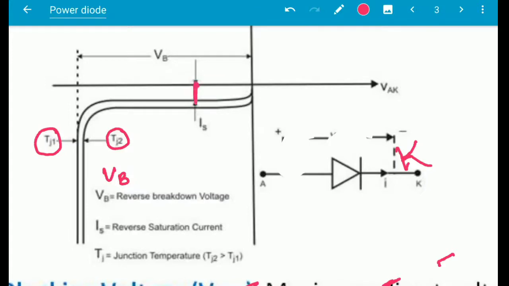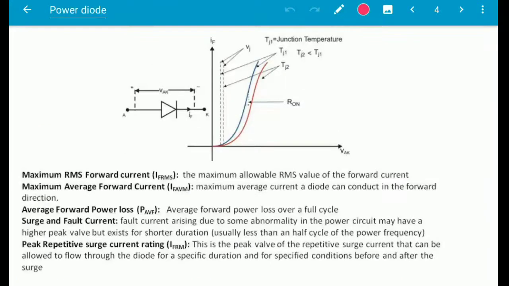With temperature increase, the leakage current will be higher at higher junction temperature. Next is the forward biased condition. In forward biased condition, we apply positive to the P terminal and negative to the cathode of the diode.